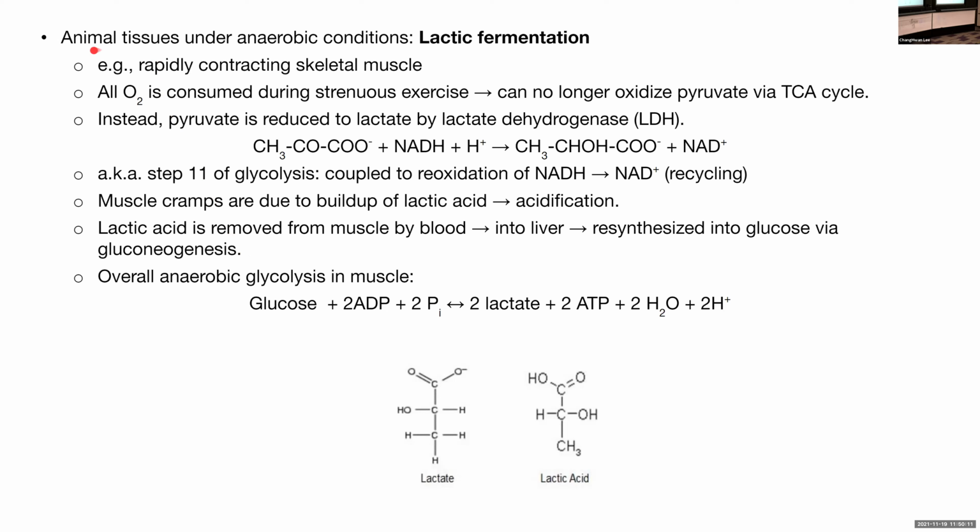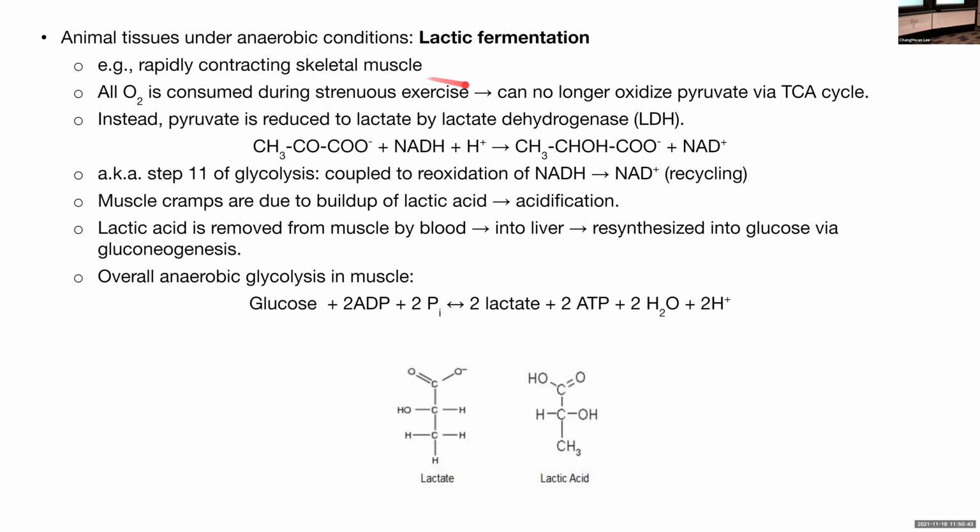But also, not just generating ethanol for the fermentation, animal tissues and some other microorganisms can go through anaerobic conditions to process pyruvate into lactic acid. So it's called the lactic fermentation. And again, an example is the actively moving or contracting muscles. In here, all oxygen molecules are already consumed because of strenuous working.